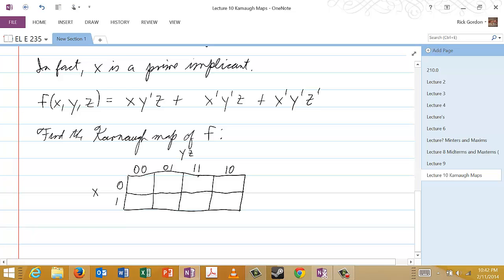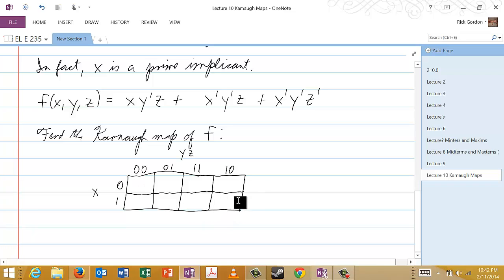Now, another thing you need to know about the Karnaugh map is that although it appears to be just a rectangle, actually its right-hand edge is connected. We should consider it to be connected to its left-hand edge. So for instance, if we're right here in this cell, we can move right, and we'll get to here.